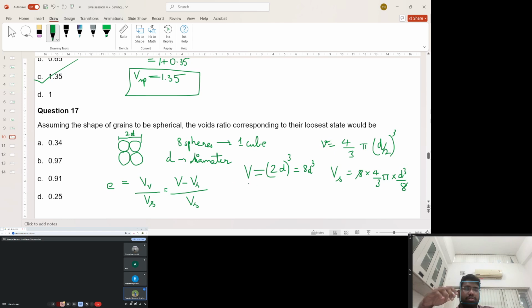Now if we substitute V and Vs in this equation, e will be (8d cubed minus 4 by 3 pi d cubed) divided by 4 by 3 pi d cubed. The d cubed everywhere can be cancelled, so it gives (24 minus 4 pi) divided by 4 pi, as the 3 gets cancelled. Taking 4 pi common, e will be 6 by pi minus 1.